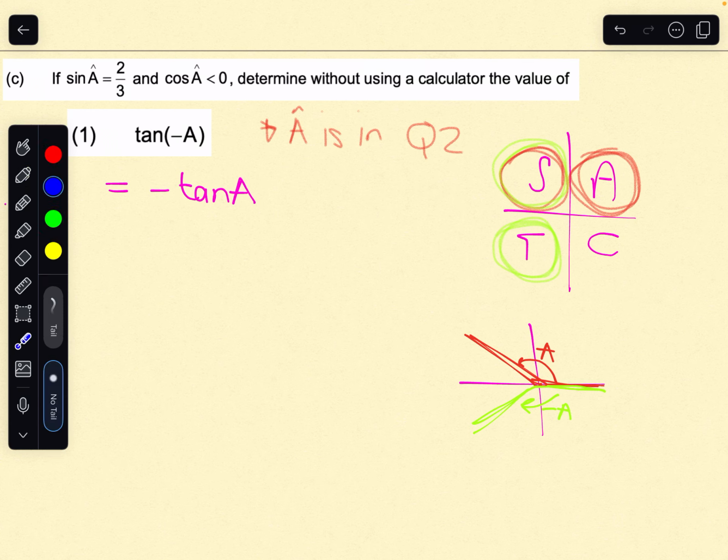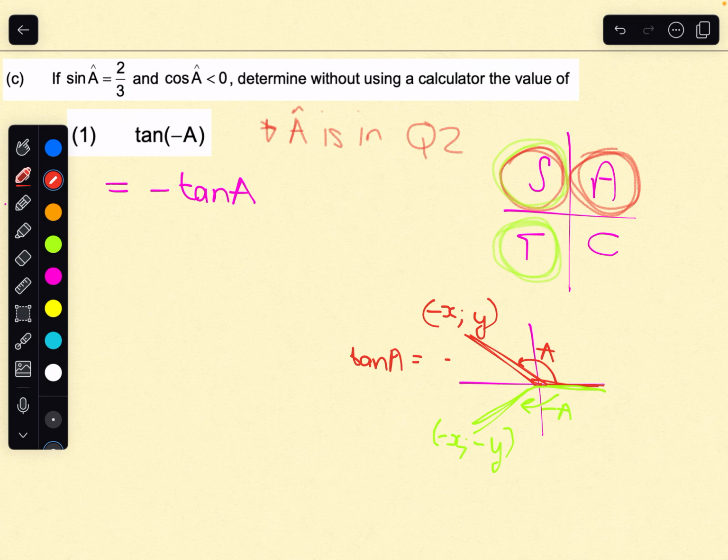Well, because this will be some coordinate minus x and a minus y, when you divide these two, you're going to end up with the positive version of the fraction that we got over here. I hope I'm making sense. So this would be minus x and a positive y, so then tan of A would be minus y over x, right?